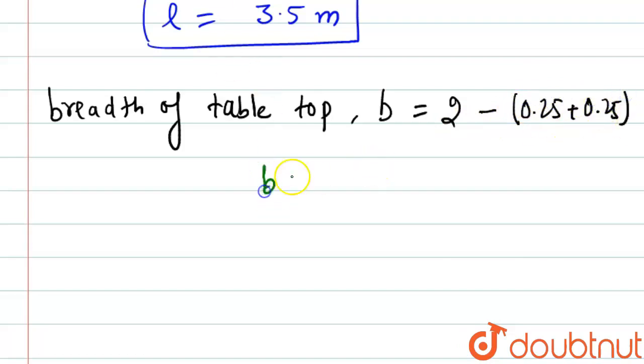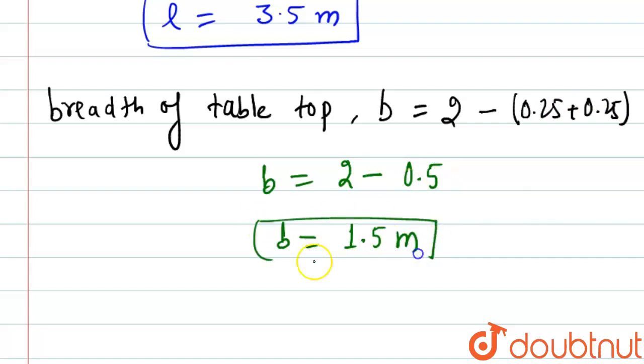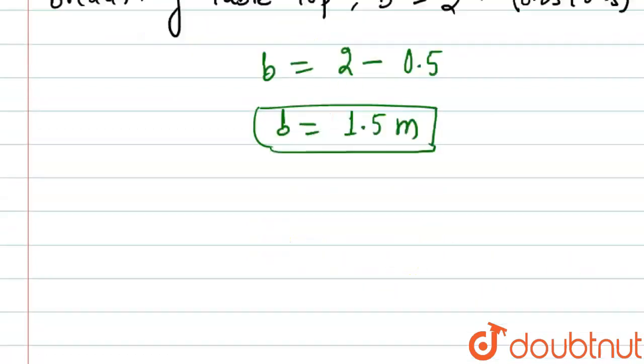So B equals 2 minus 0.25 plus 0.25, that is 0.5. So 2 minus 0.5 will be 1.5 meter. So the length of the tabletop is 3.5 meter and the breadth of the tabletop is 1.5 meter.